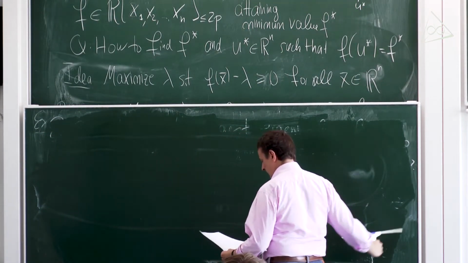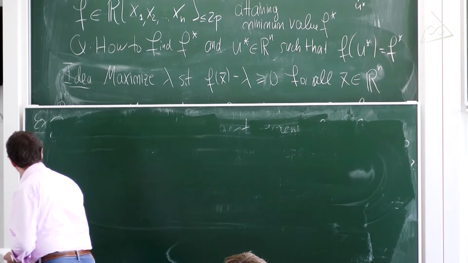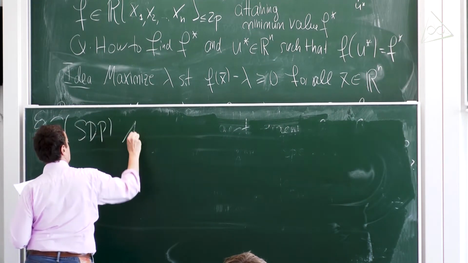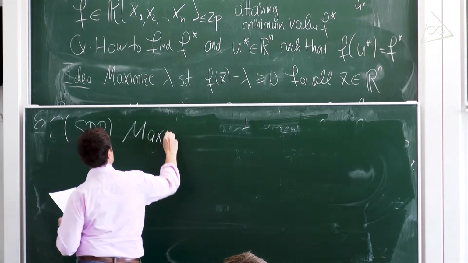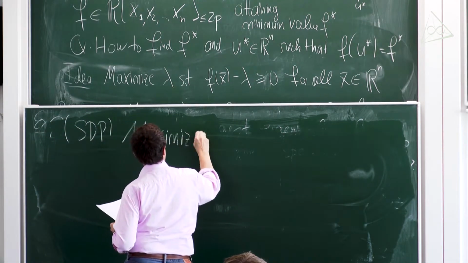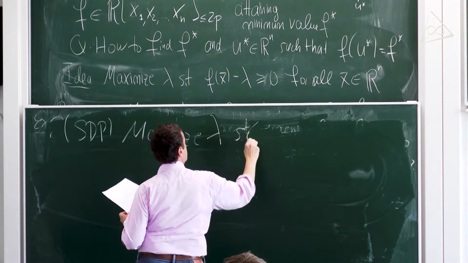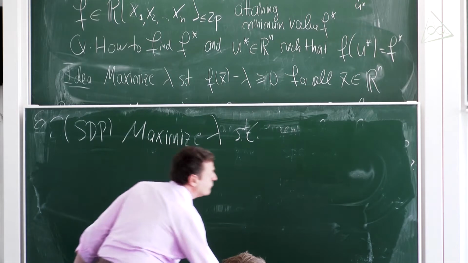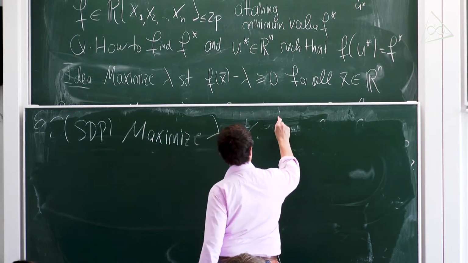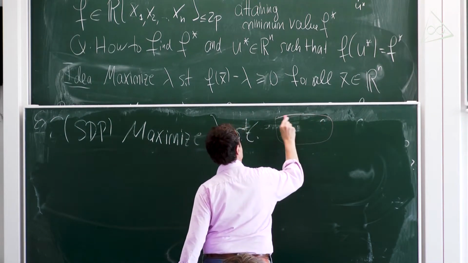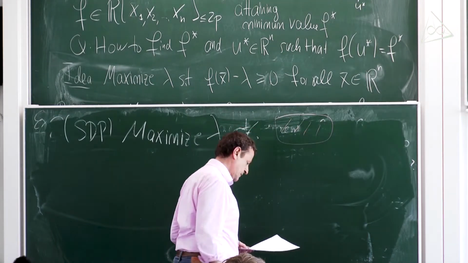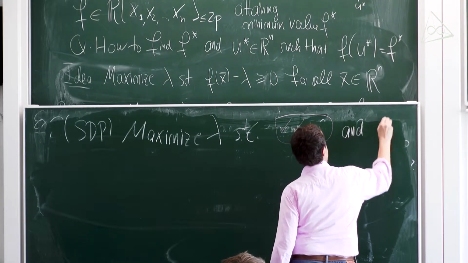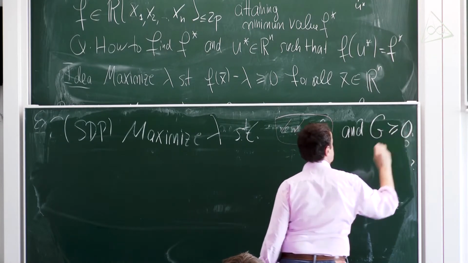Okay, so now, first of all, what does the SDP want to solve? In the SDP we want to maximize lambda subject to the red equation over there, this system of equations, and G positive semi-definite.